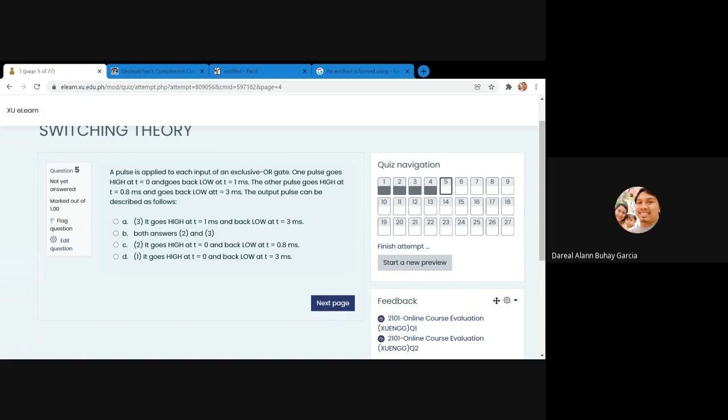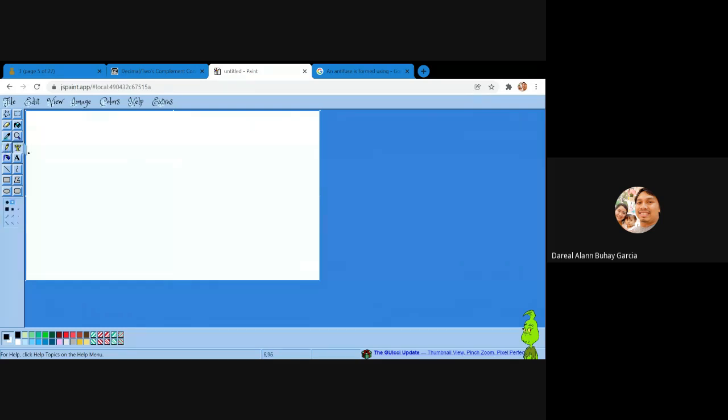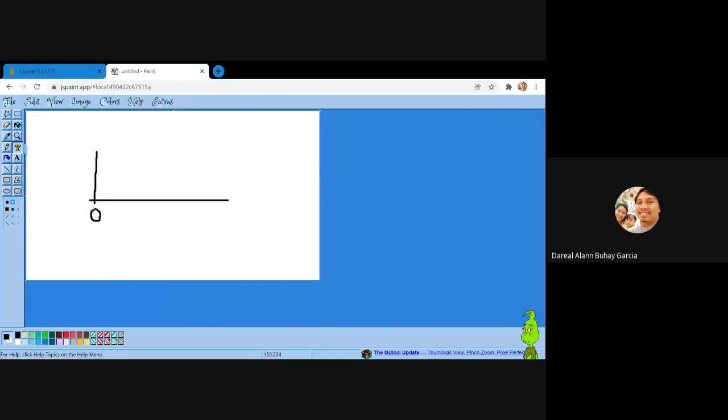The output goes high at... Extra sheet of paper, pwede ninyo gamitin. The times: 0, 1, 0.8, 3.